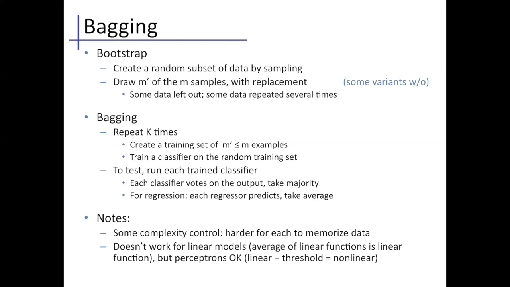Very straightforward, right? And so why is this helpful? Well, the reason it's helpful is this. In general, once you average across different models, you tend to reduce the variance of your models. It just follows the central limit theorem. If you have k random variables and you average them, in general you reduce the variance of the average.